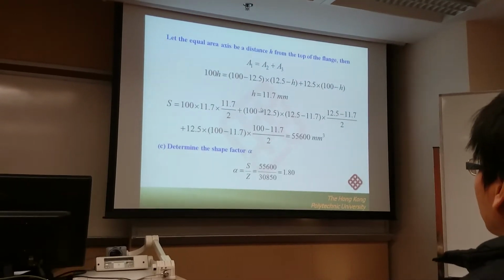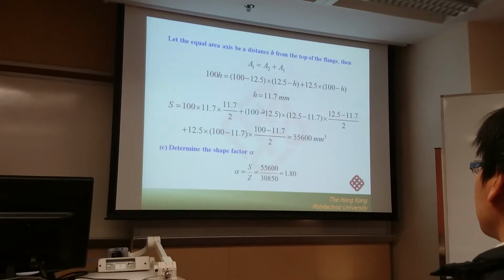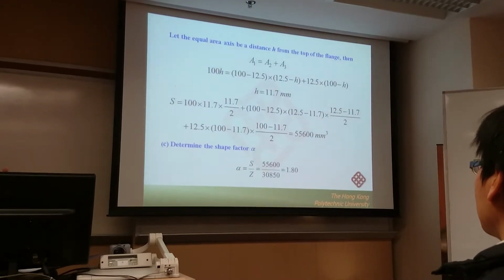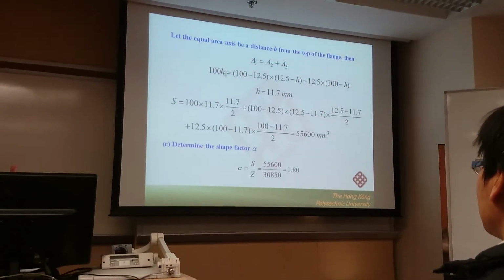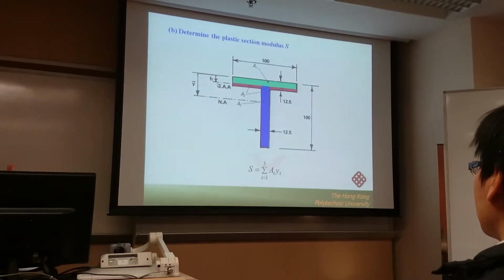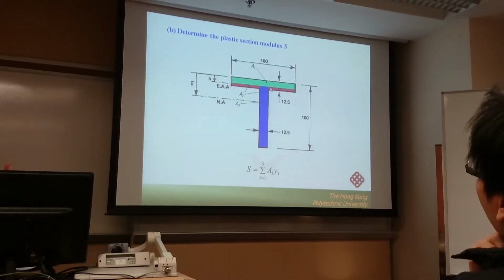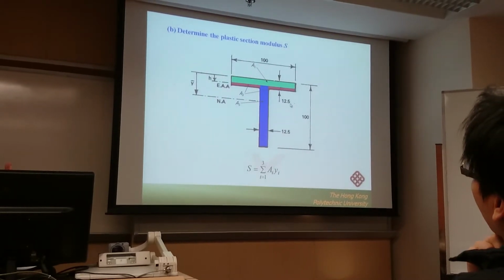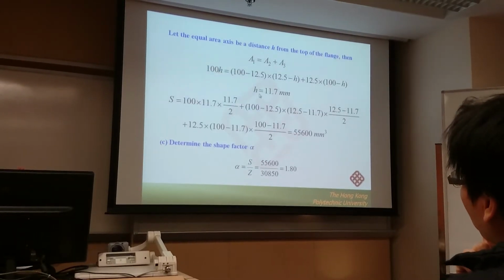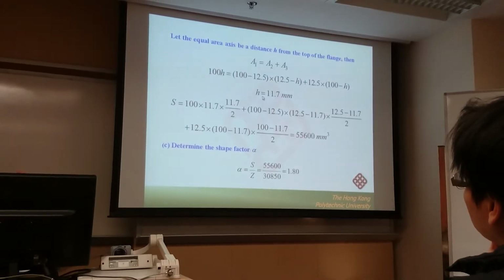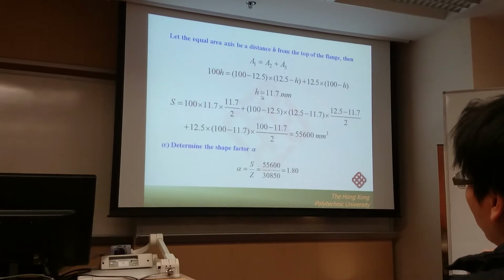But after obtaining the H value, you have to verify your assumption. Your assumption is that the equal area axis is within the flange, so H must be less than 12.5. If the solution for H is less than 12.5, that means your original assumption is correct.